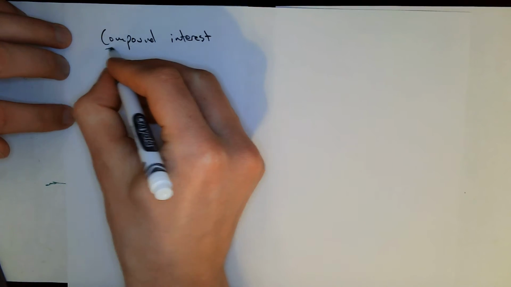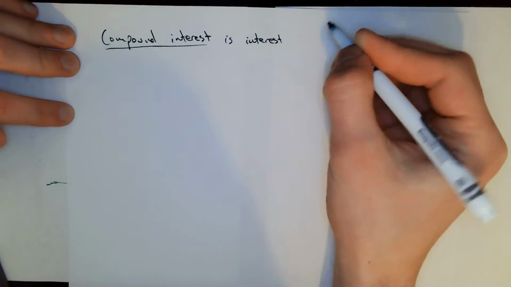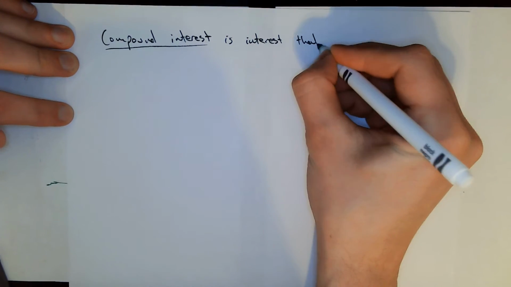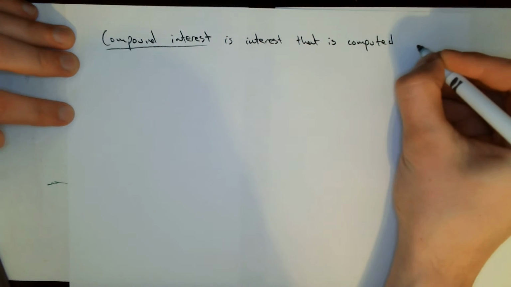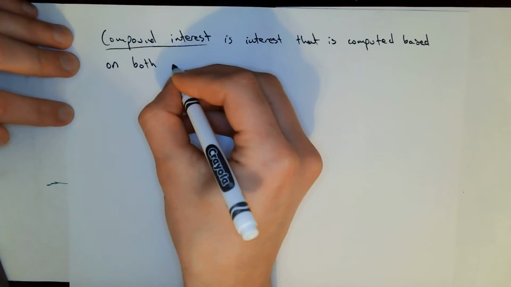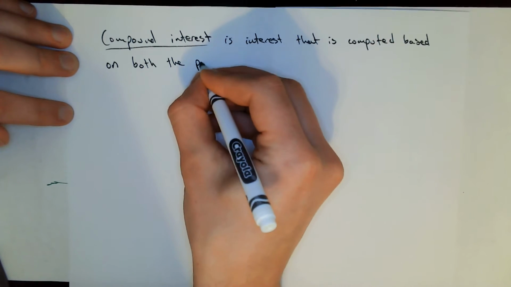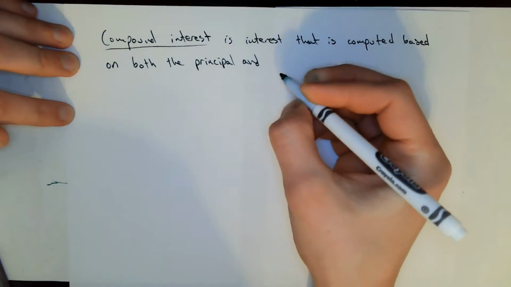Compound interest is interest that is computed based on, now, simple interest was interest that was computed just based on the principal, right? But compound interest is based on both the principal and what else?